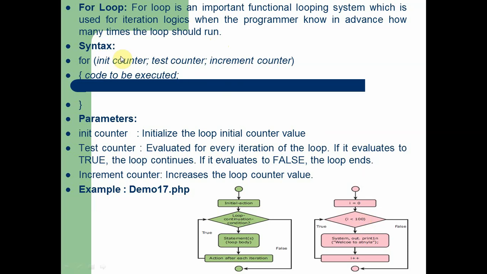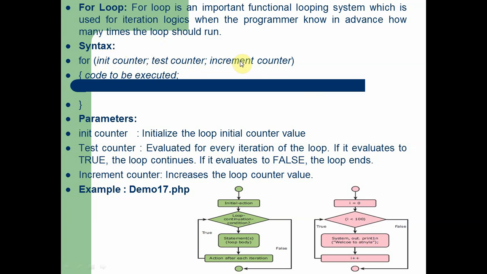Now we are going to discuss the syntax. Here you can see the syntax of the for loop. Here you can see the keyword for. After that, within the parentheses there are three parts. The first part is called the initialize part, where the counter is initialized. The second part is called the test counter, where we mention the condition.